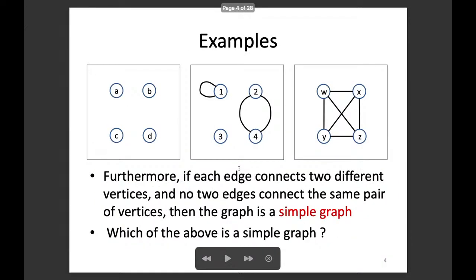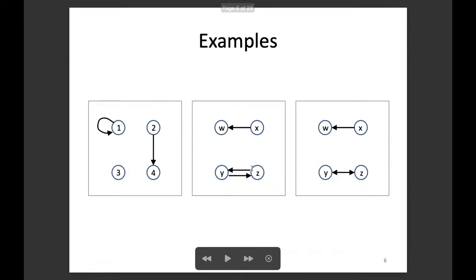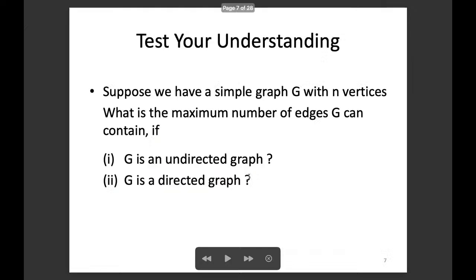Unlike the undirected case, where this edge and this edge are considered to be the same edge, here this directed edge and this directed edge are different. So in that sense, the number of edges in a simple directed graph with n vertices will be at most n times n minus 1. Okay?